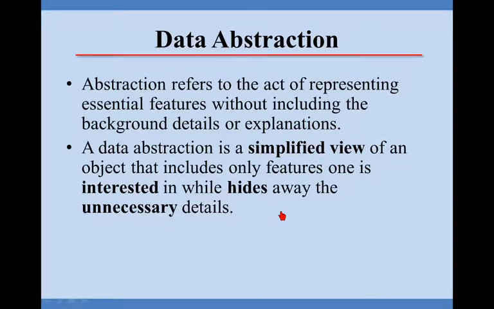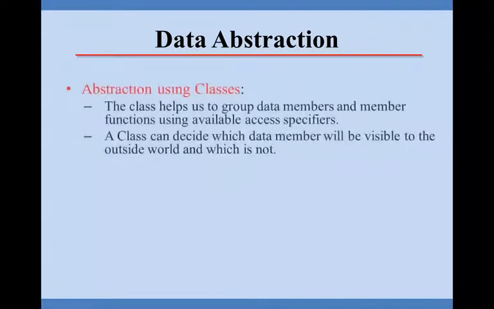Suppose that class has 5 to 10 things inside it, but I need only one or two functions. I am not aware of the background details, and I just pick up the things I need. So the object allows me data abstraction for the complete thing given in the class. This is called data abstraction.